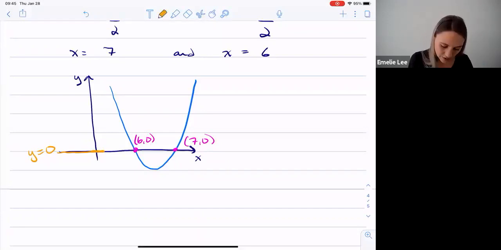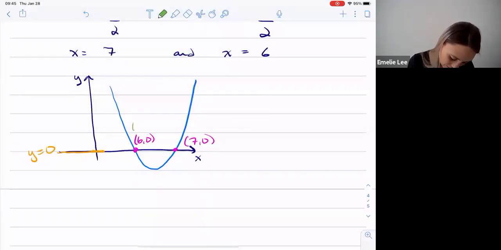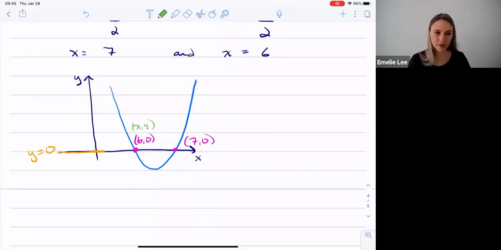Y is equal to 0 because we've got this x-y ordered pair, okay, which I don't think we've talked about quite yet, right? But when we talk about points on a graph, we usually denote them by x comma y, right? So when x is 6, y is 0 because we forced it to be 0, because we want to find where it crosses the x-axis.